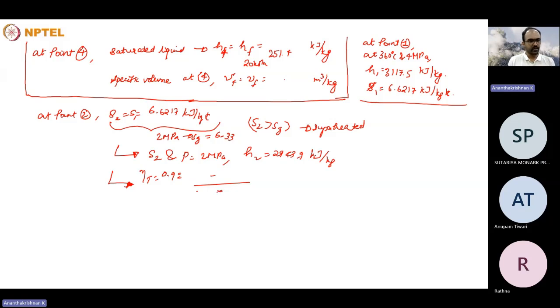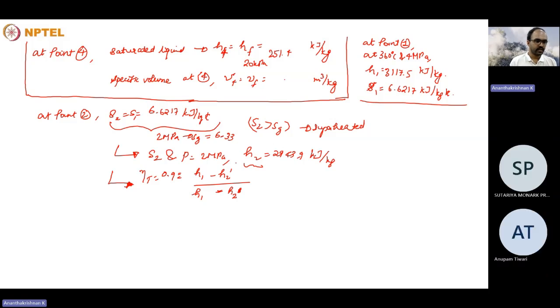The isentropic work produced will be equal to H1 minus H2. Sorry, H1 minus H2 for the ideal process, and the actual work will be H1 minus H2 dash.